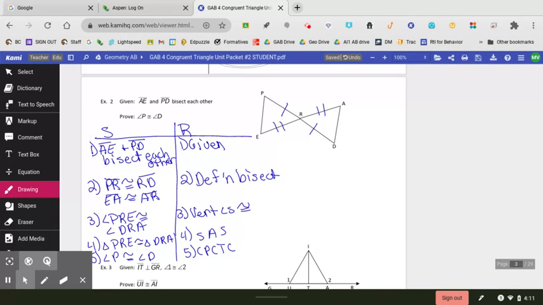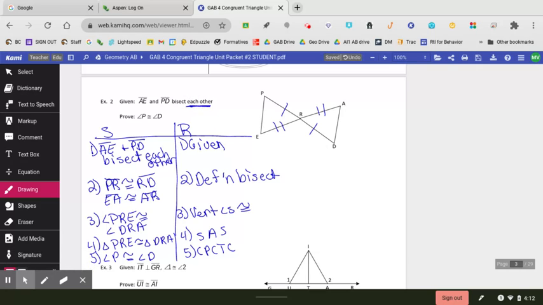Okay, so when I look at example 2 here, my given is that AE and PD bisect each other. So that means that PR is congruent to RD and ER is congruent to AR, and that's the definition of bisect. It bisects both ways because it says they bisect each other.